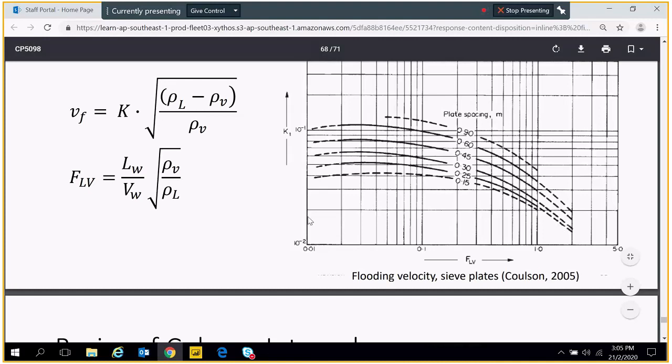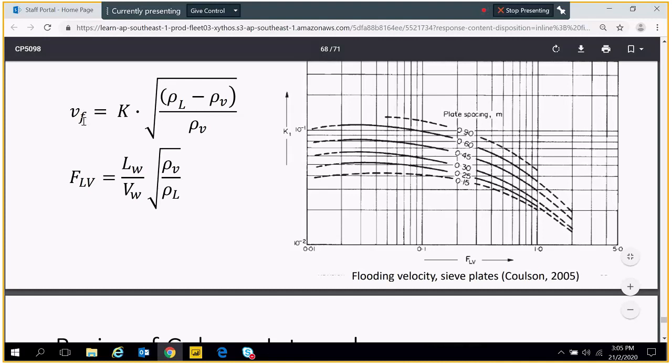Here, you can see, the velocity for flooding condition is lower when the vapor flow rate decreases, or when the density of the liquid decreases. So the flooding velocity decreases.